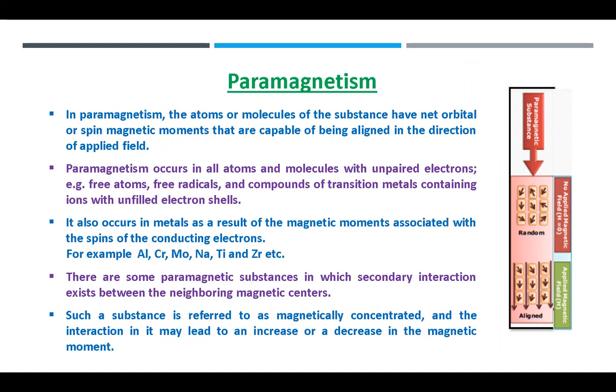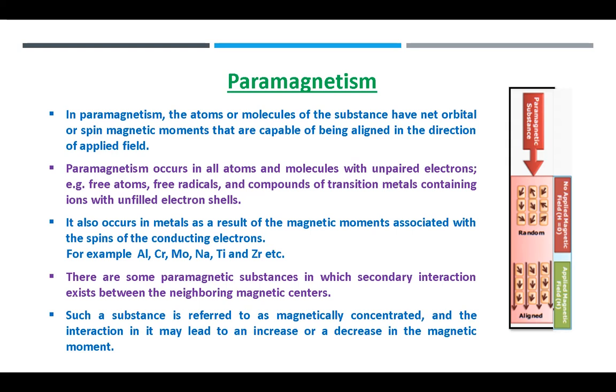Second one is paramagnetism. In paramagnetism, the atoms or molecules of the substance have net orbital or spin magnetic moments that are capable of being aligned in the direction of the applied field. This alignment of the atomic dipoles with the magnetic field tends to strengthen it. Paramagnetism occurs in all atoms and molecules with unpaired electrons.